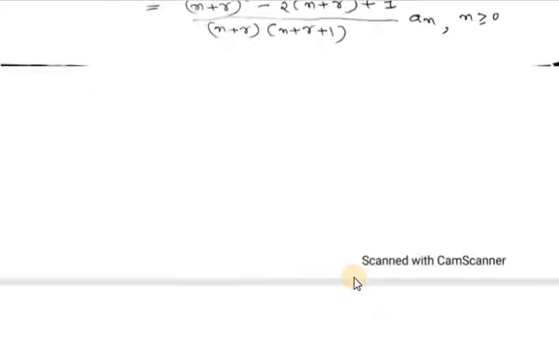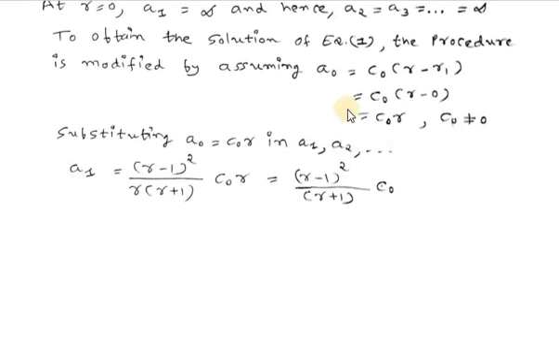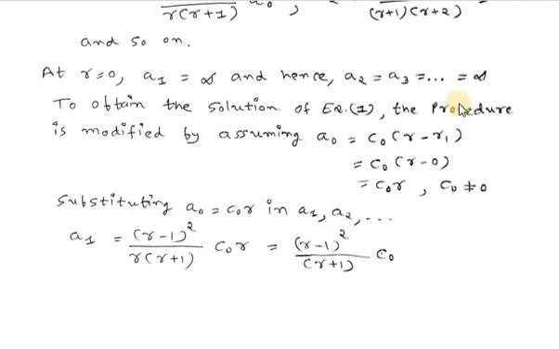So what we have to do, the procedure is modified by assuming a0 equals c0 into (r - r1). c0 as it is, r as it is, and the value of r1 is 0. Okay. So c0 into r gives c0 r, but c0 is not equal to 0. So substituting the value of a0 equals c0 r in a1 and a2.